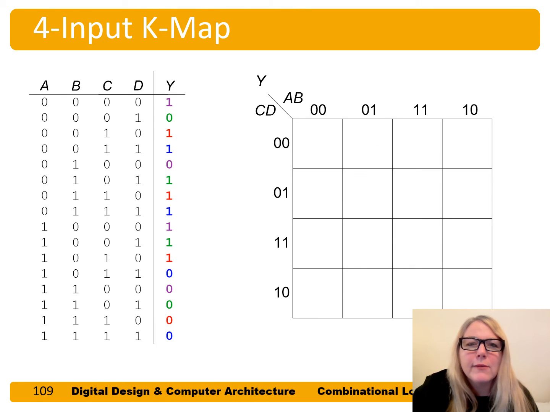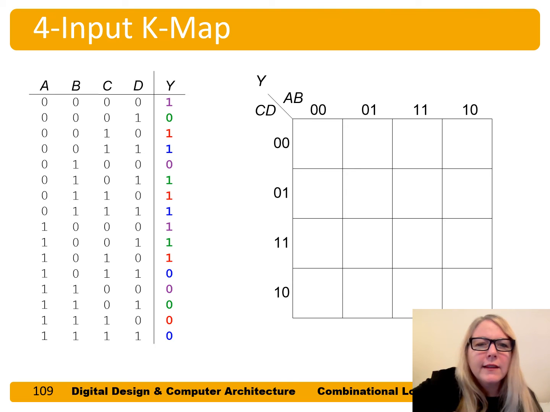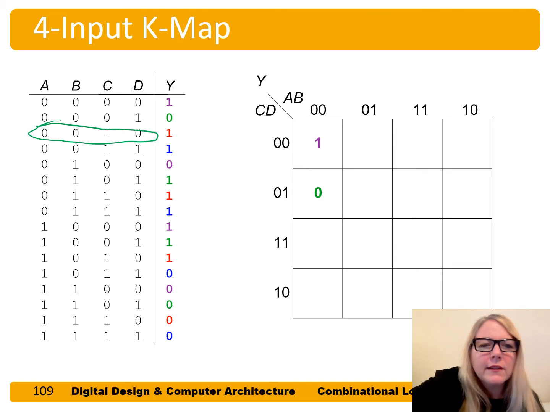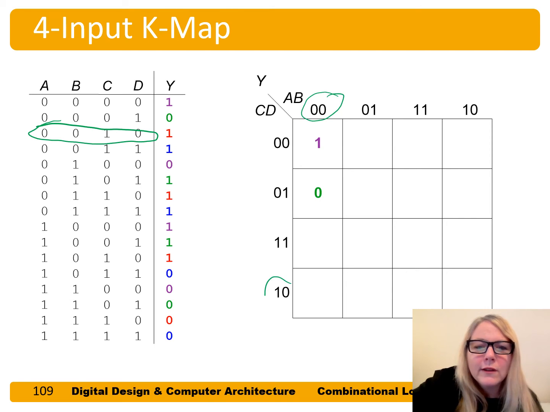So let's look at this KMap that has 4 inputs. So we'll start with the truth table, and we'll start with these first 4 rows. So we enter our first row in our truth table. Here we get a 1, we get a 0, 1 and 0. And now we're going to enter our output into the 0, 0, 1, 0 block, which is 0, 0, 1, 0.